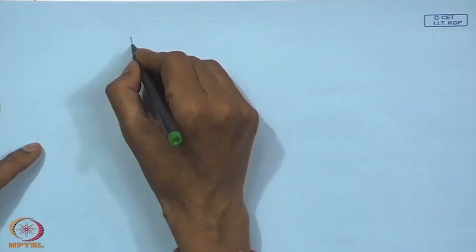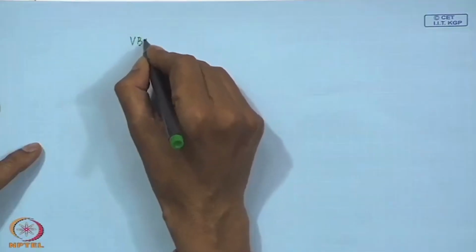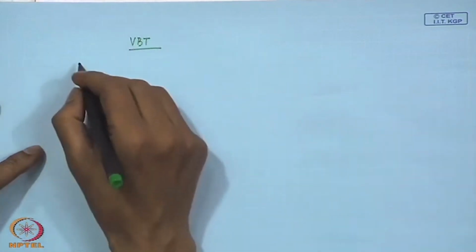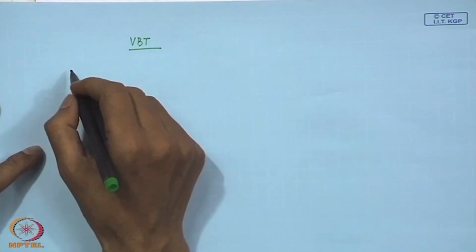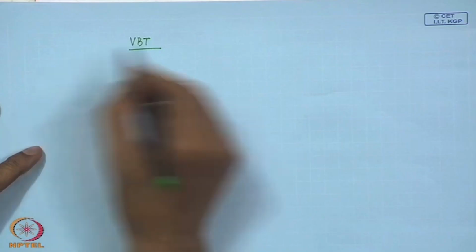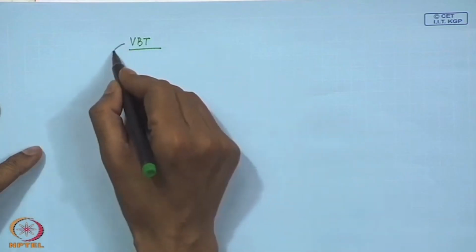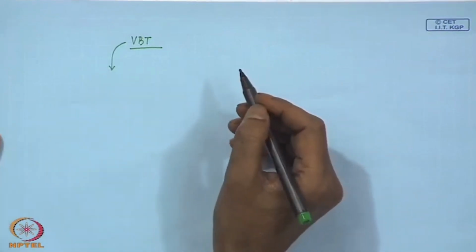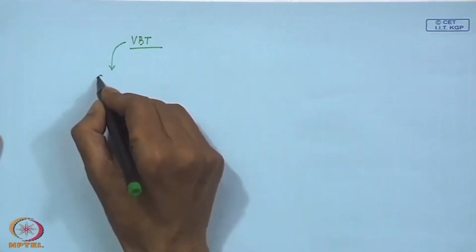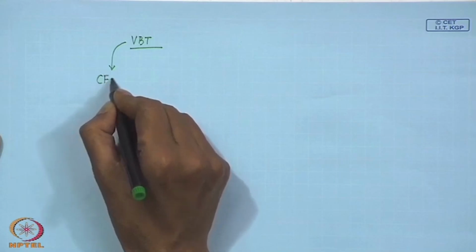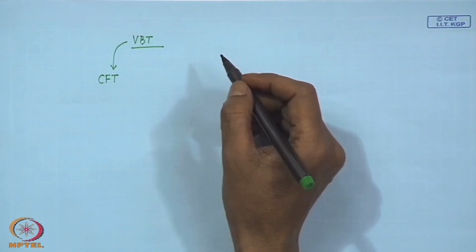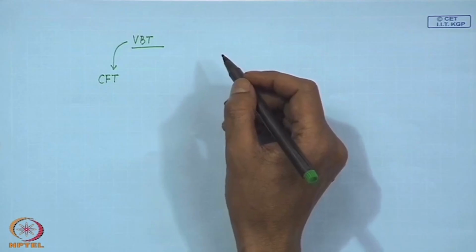So, this valence bond theory we were discussing has certain deficiencies as well, which can be rectified in the next theory we will discuss in our next class, the crystal field theory. There we will not consider the direct overlap of the hybridized orbital with the pure atomic orbital of the ligand.